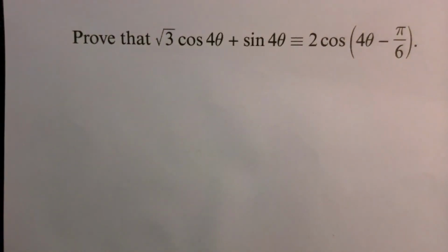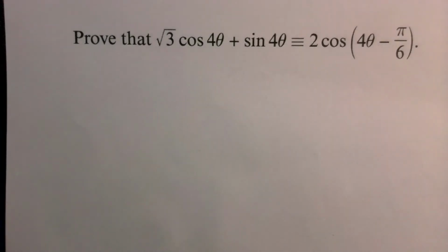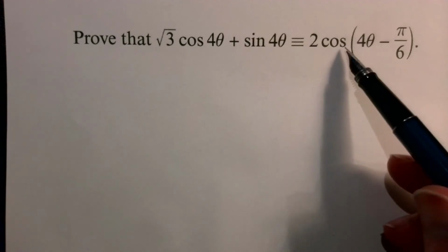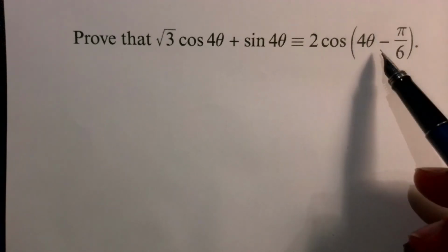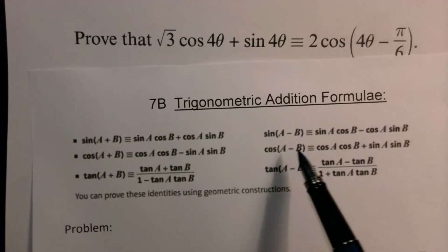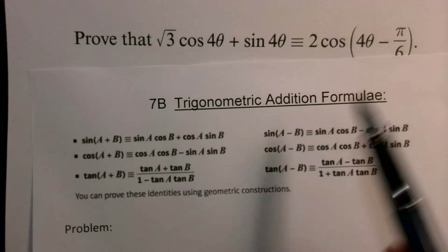Happy with that? 1 more to go. So last up, pause it, write it down, have a little go. Right, so it might be puzzling you a little bit to work out which one to use here. If you look here, what we've actually got is an addition formula thing going on. Don't worry about the fact you've got that 2 there. This is just a cos A minus B, 2 different angles, remember.